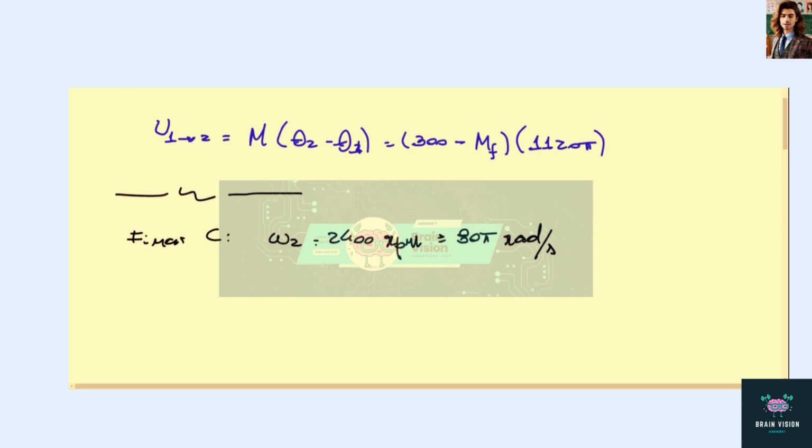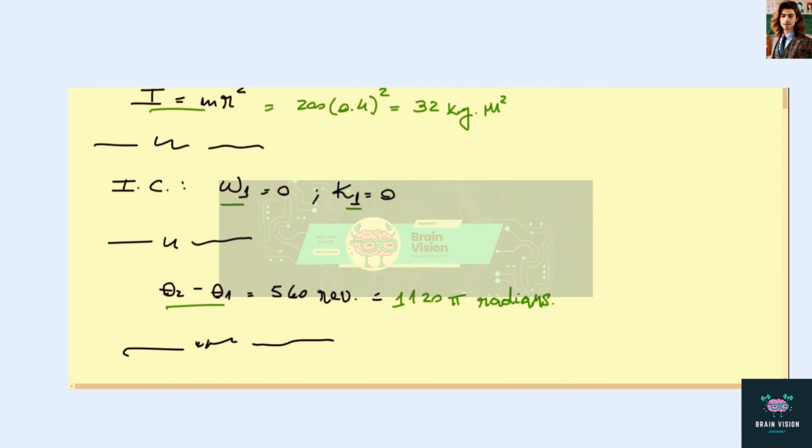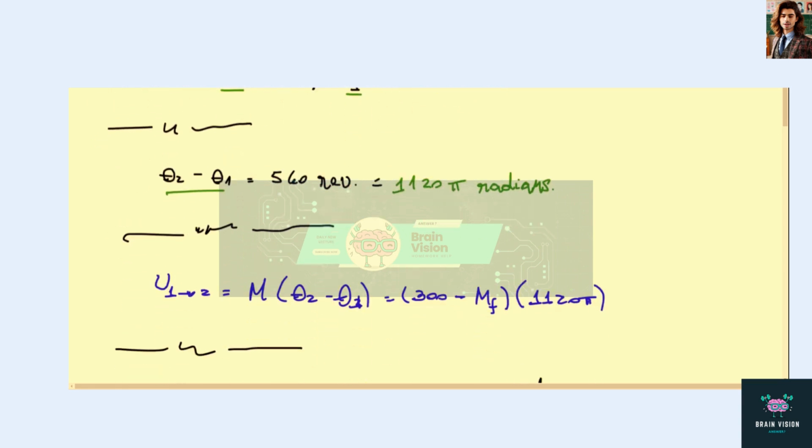We can calculate now the kinetic energy. We know that the kinetic energy of the initial state is 0.